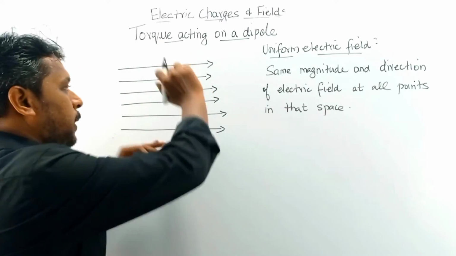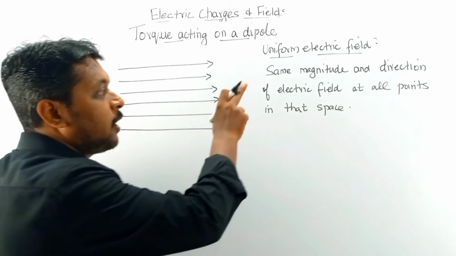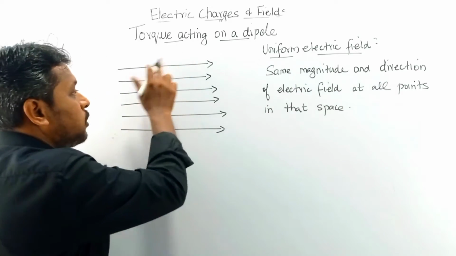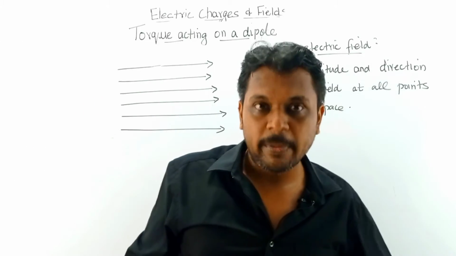If we consider this as the space of the electric field, the magnitude and the direction of the electric field at all the points will be the same.